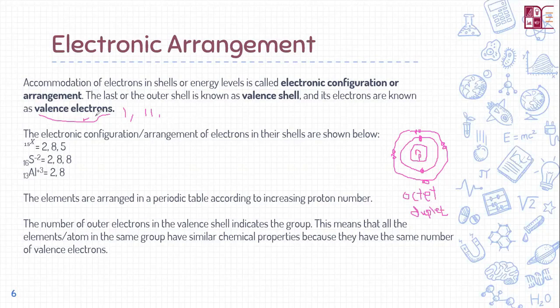Now coming to the next point, the electronic configuration or arrangement of electrons in their shells is shown below. Different electronic configurations are shown over here, and right here I'm going to tell you how this is made. This is the proton number, or the number of protons.